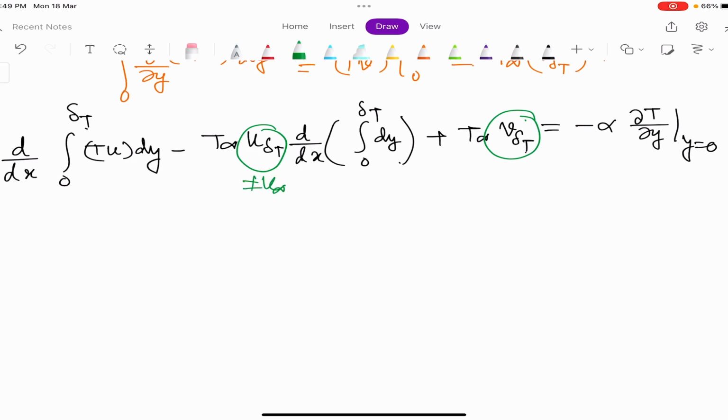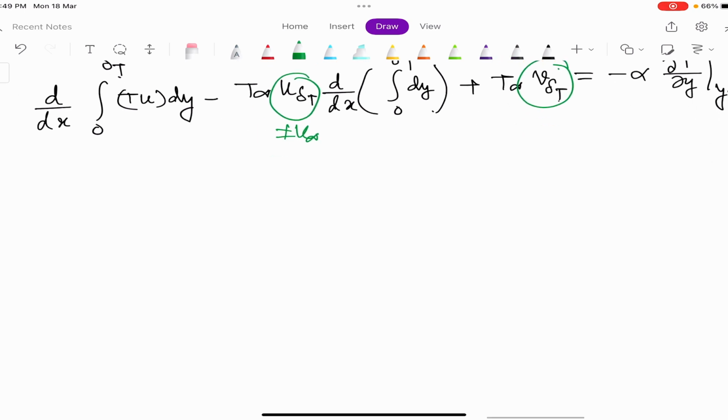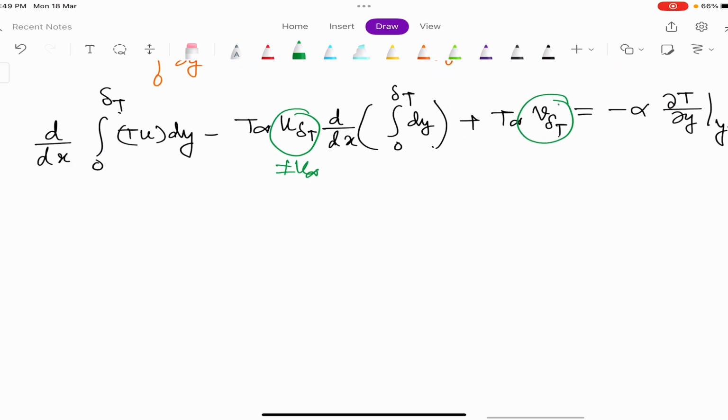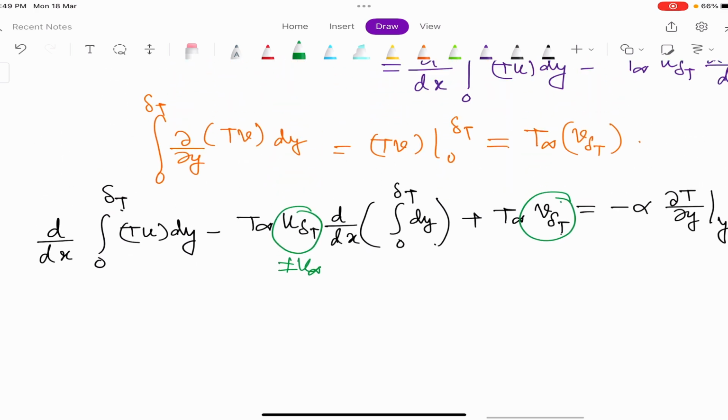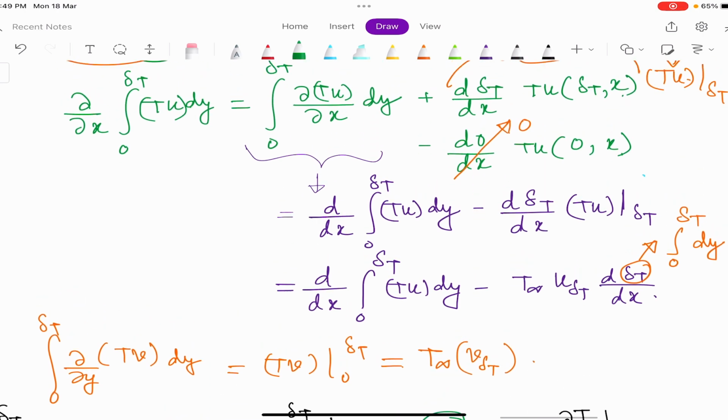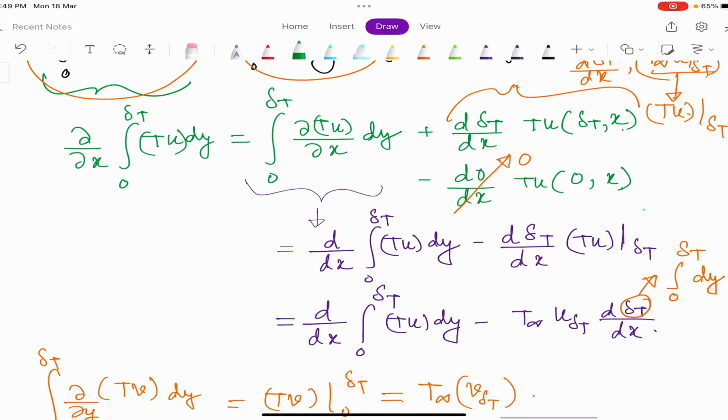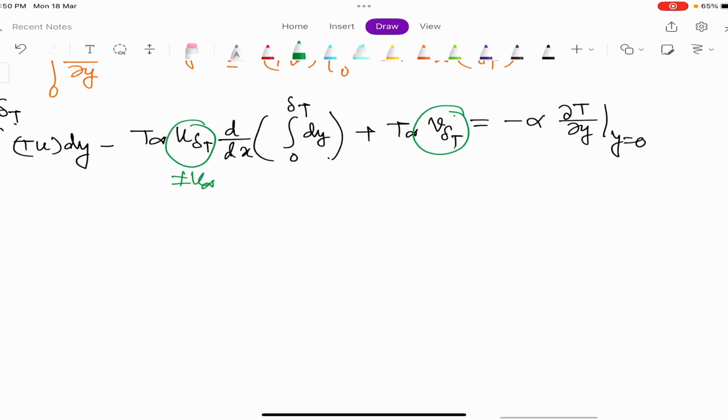Had it been delta instead of delta t, then we could have written that u at delta is equal to u infinity. So now how can you formulate? This is u at delta t at a particular x, so this will for sure be a function of x. So this u cannot be taken inside this, it seems.